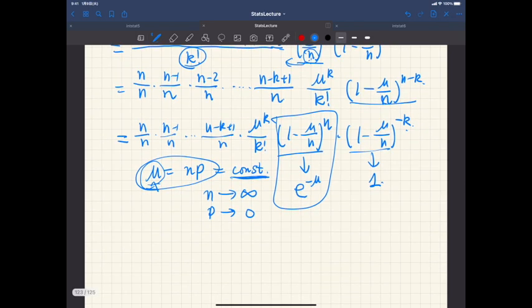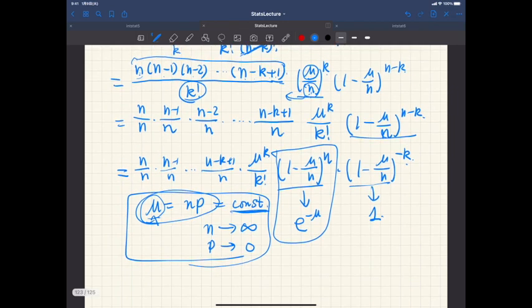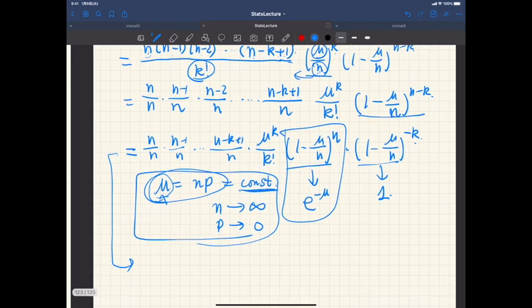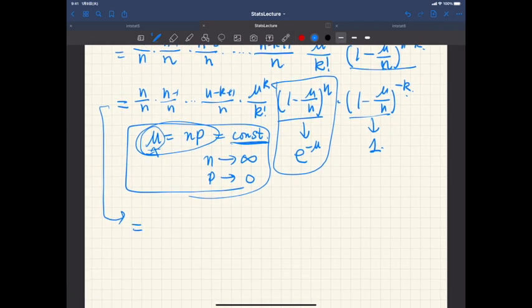So in this limit, this probability distribution function converges to, wait a minute. What happens to these terms?